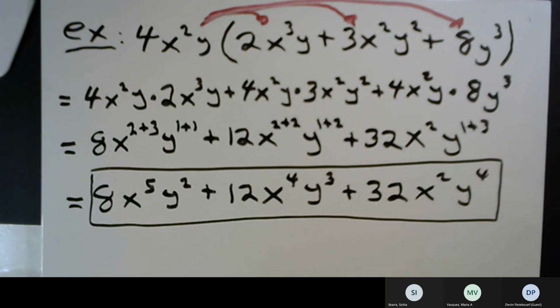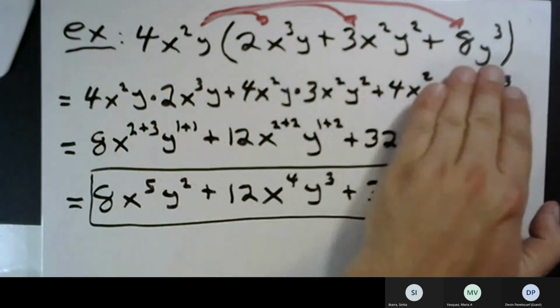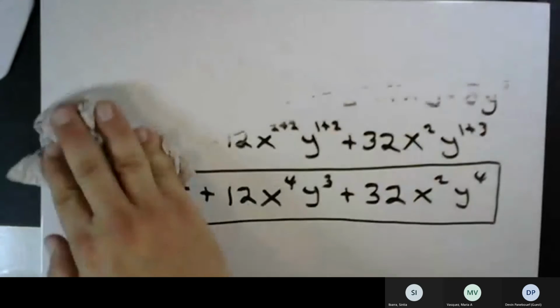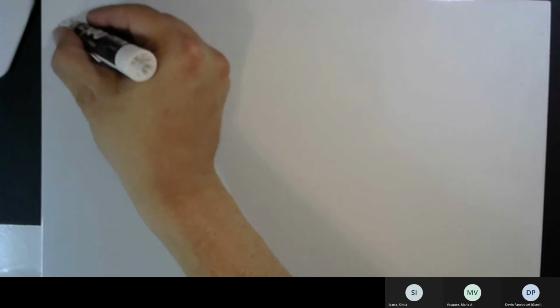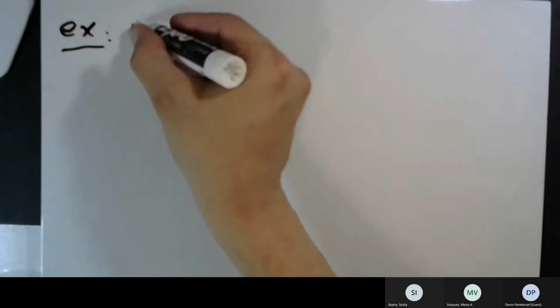All right. Now, this is monomial times a polynomial. Now, another kind of multiplication we did was binomial times binomial.